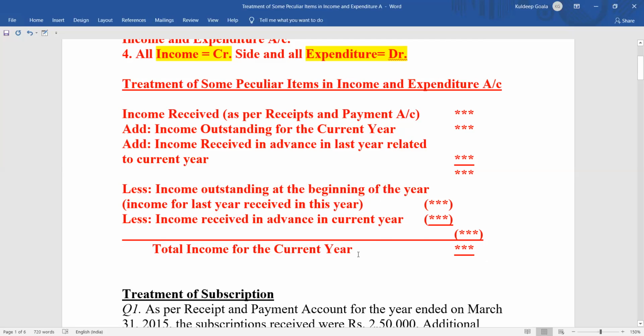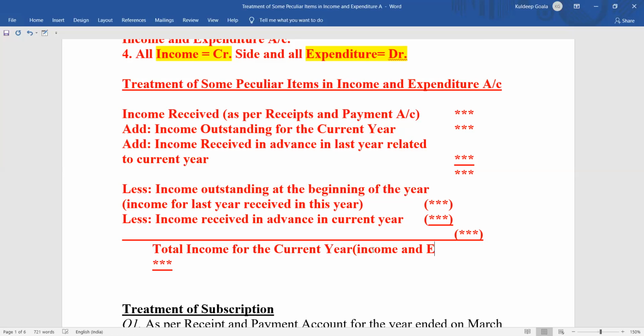Okay, this will be the information that we are going to show in the income and expenditure account. Okay, income as per income and expenditure account.